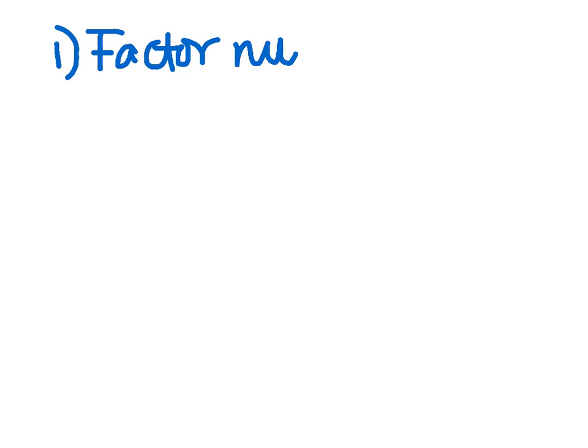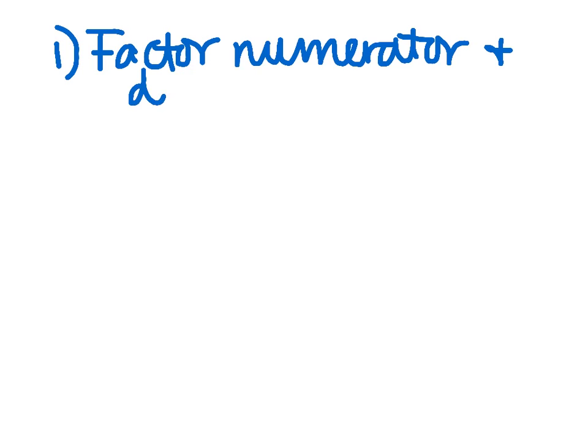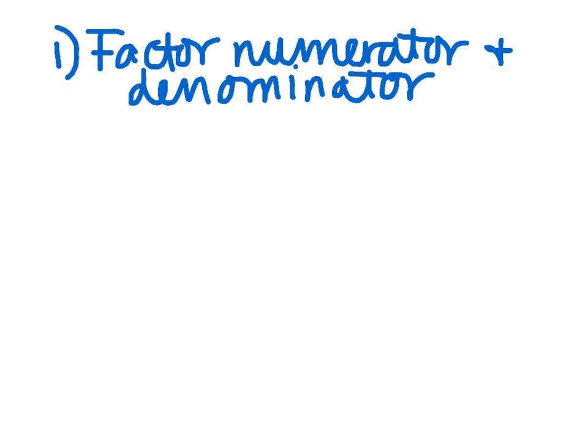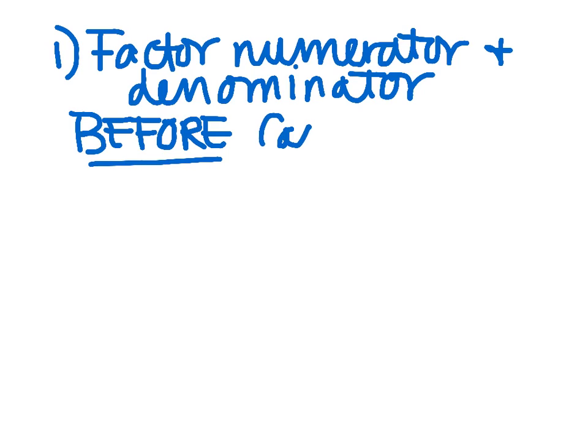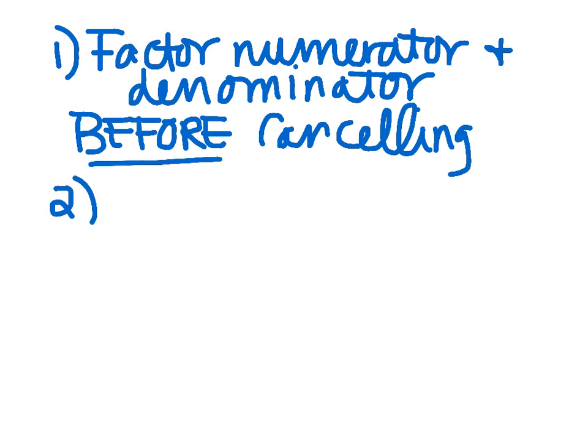Let's review my steps for simplifying algebraic fractions. The first thing we do is factor the numerator and denominator. Now, before we cancel, the second step, and it's a separate problem, is to find restrictions on the variable.